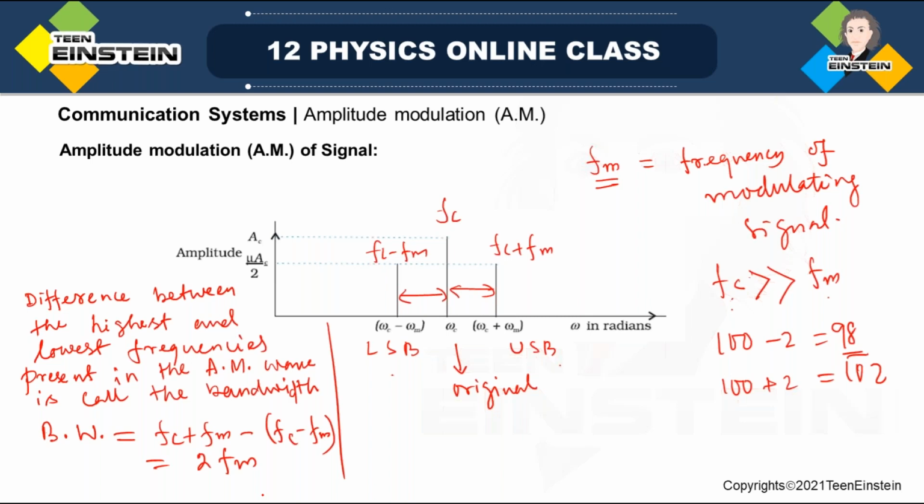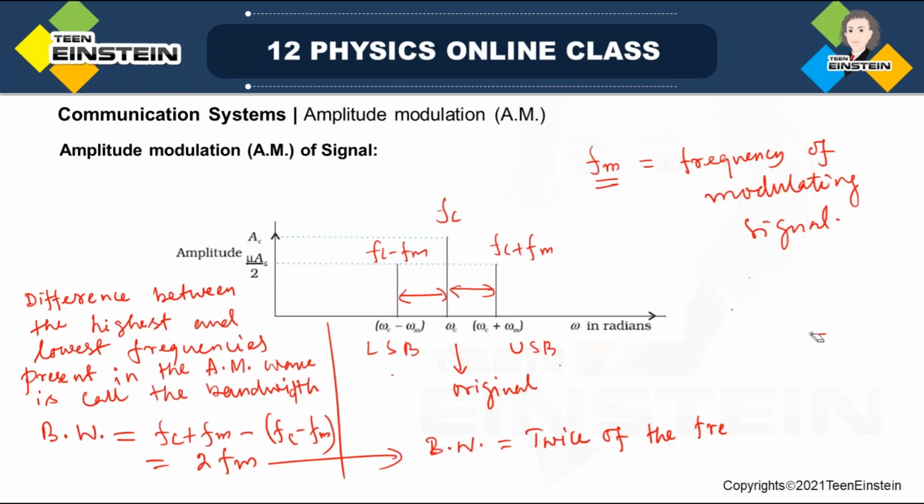Hence the bandwidth of an amplitude modulated wave is twice the frequency of the modulating wave, or message signal, that is 2 into fm.